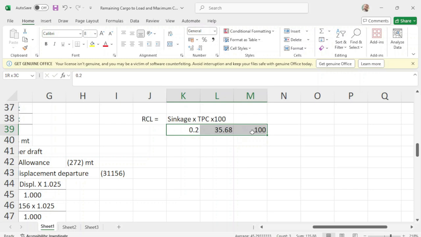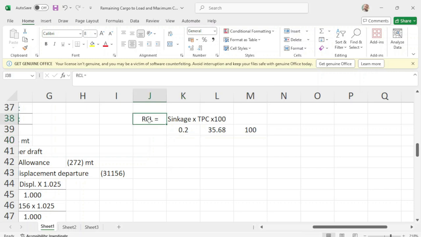So put this in the center and follow the formula.